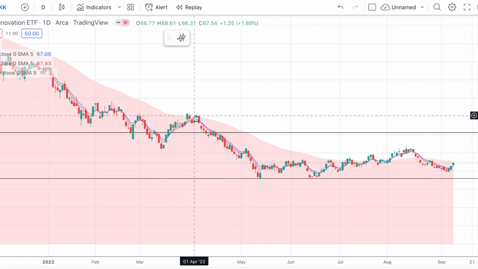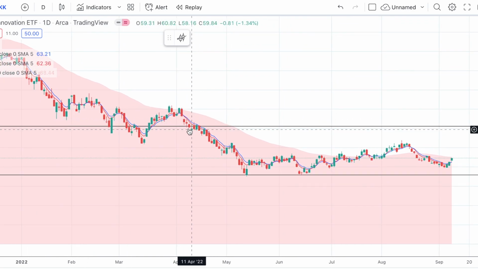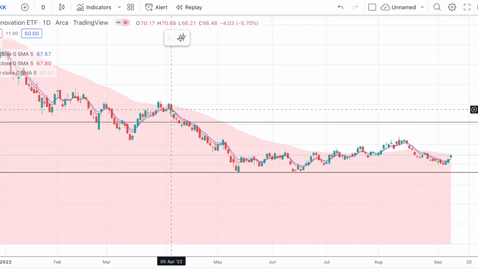We cross below it, which fulfills criteria number 1. But as you can see, the 5-day EMA is above the blue line right there. And it's not until right about here we get that 5-day to roll underneath the 7-day. And at this point, you would hedge your portfolio, okay?